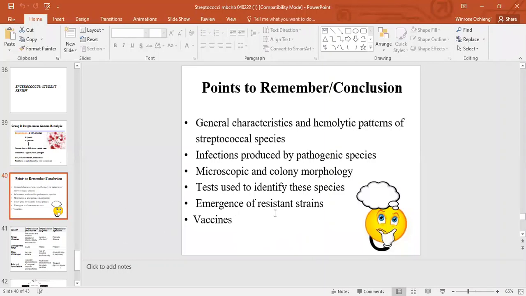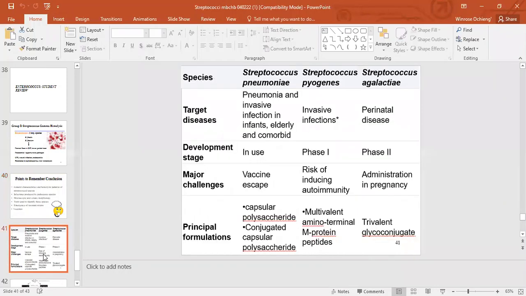In most of the papers, we are having an emergence of resistant strains, more so causing nosocomial infections, and vaccines are very important, more so when we come to Streptococcus pneumoniae. We are able to give vaccines to our small children, the population. This is showing us why we are having challenges.